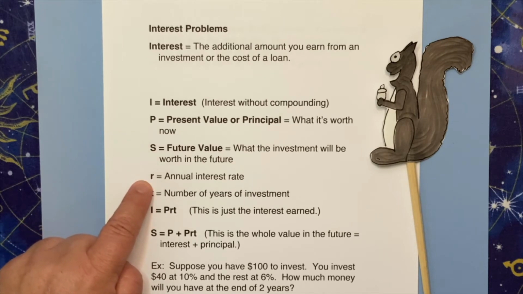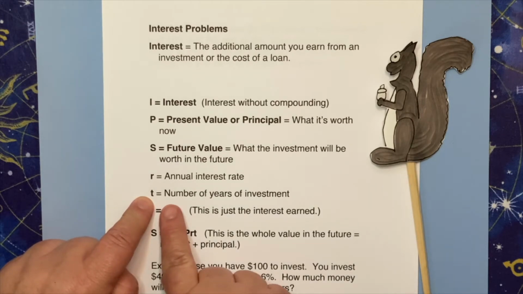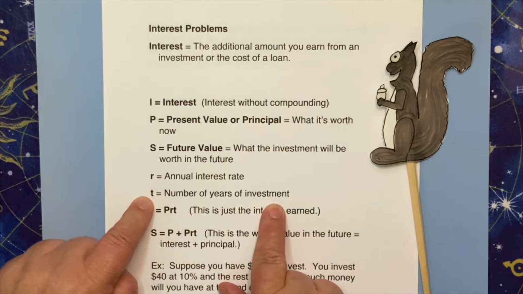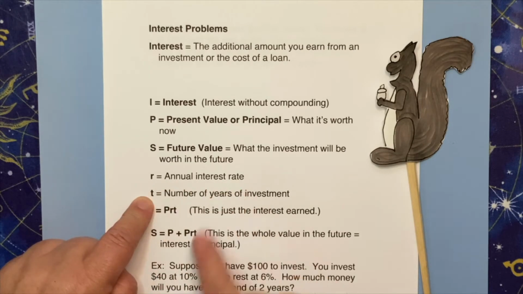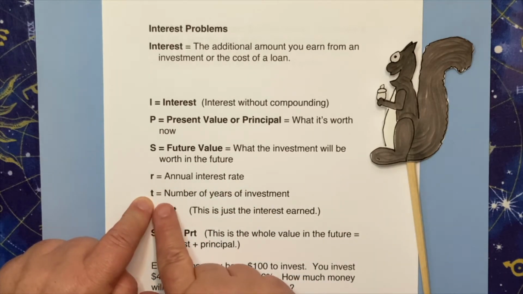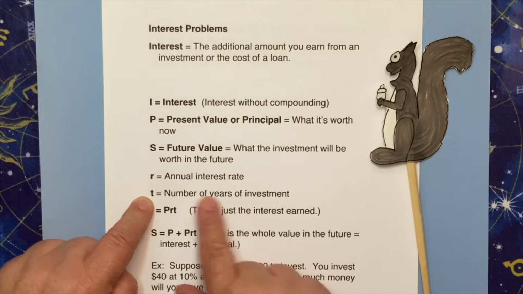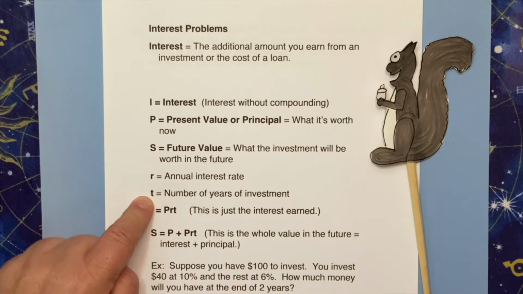R for right now will be an annual interest rate, but as we move on, we're going to expand our concept of R. Sometimes R changes in some settings, so just be flexible. R should match with T. In this case, T is going to be the number of years of investment, so R is an annual interest rate. If T were the number of months, then R would need to be the monthly interest rate.